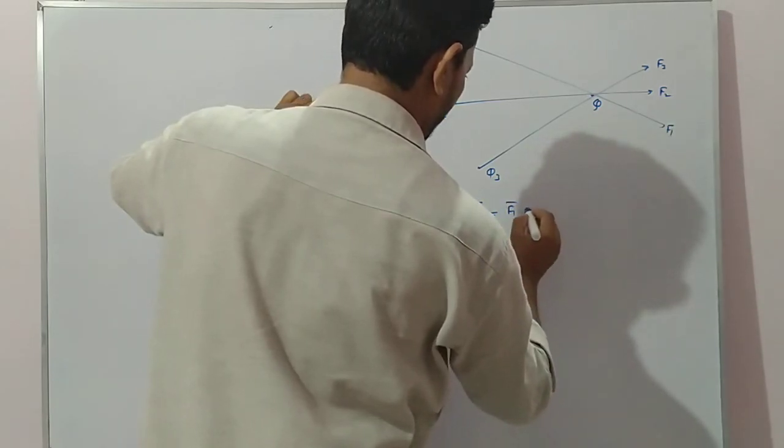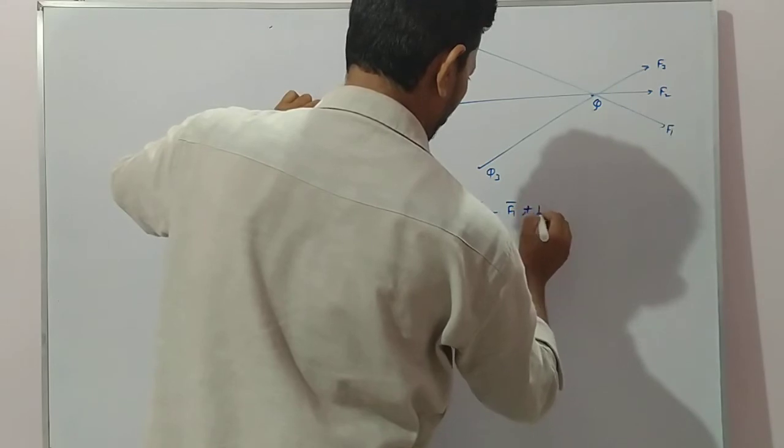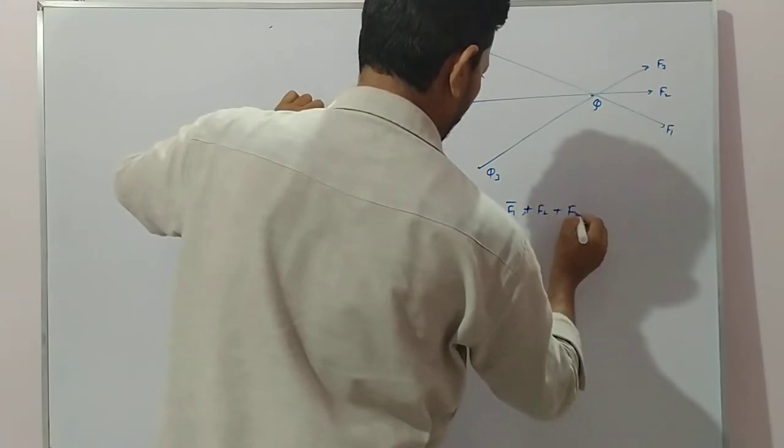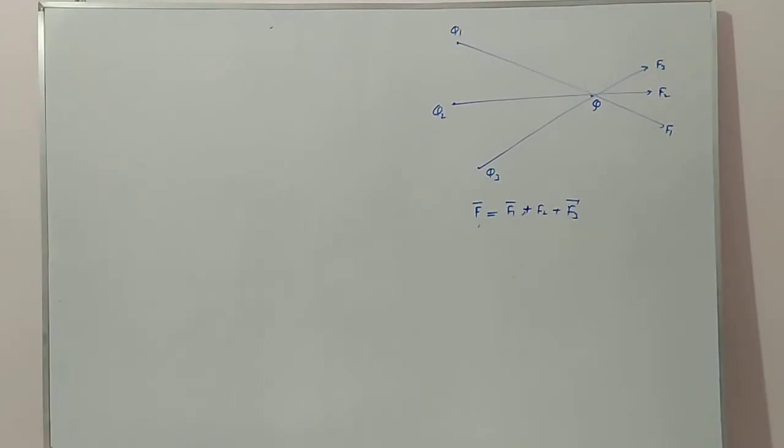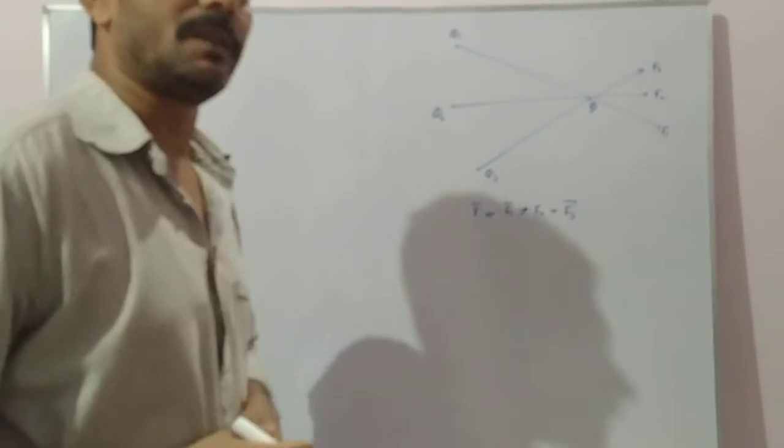So F vector equals F1 vector plus F2 vector plus F3 vector. Based on this, we have to do some numericals.